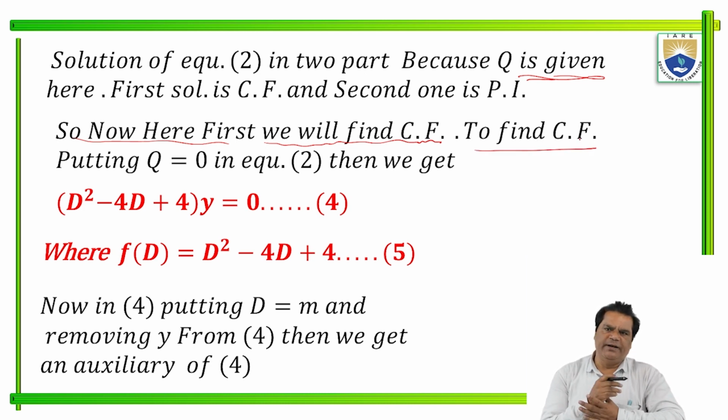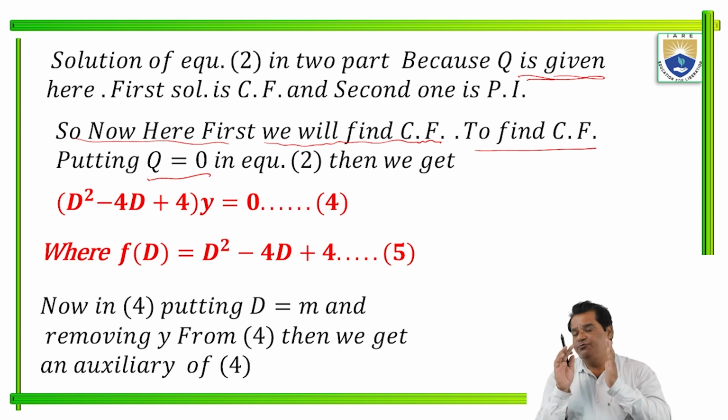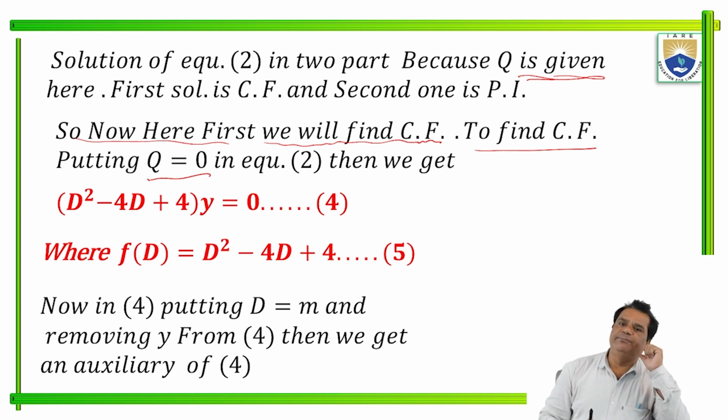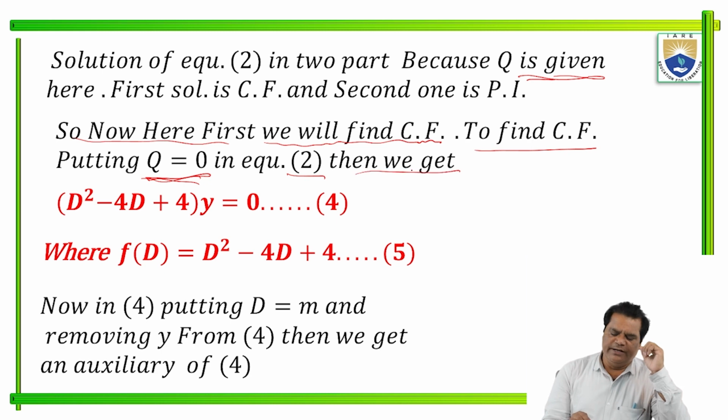To find the complementary function, take Q as 0. The right hand side must be 0. Then we can find the complementary function. So we are taking the right hand side 0, Q taking 0 here in equation 2. Then we get equation 4: D square minus 4D plus 4 y equal to 0.